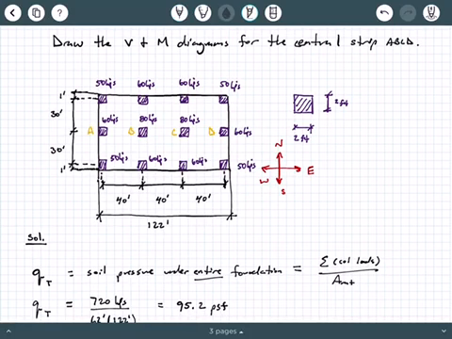In this example, what we're interested in is the central strip of this foundation, which is going to be something like this. That's going to include columns A, B, C, D. What's cool about this is that once you analyze the most critical strip, which in a nice symmetrical problem like this is the strip with the columns that have the most load, thereby the central strip in this case.